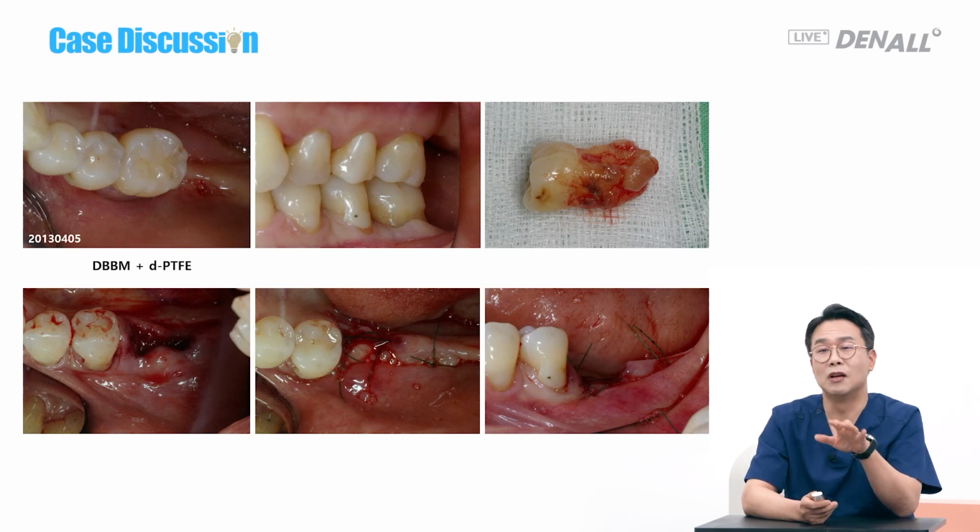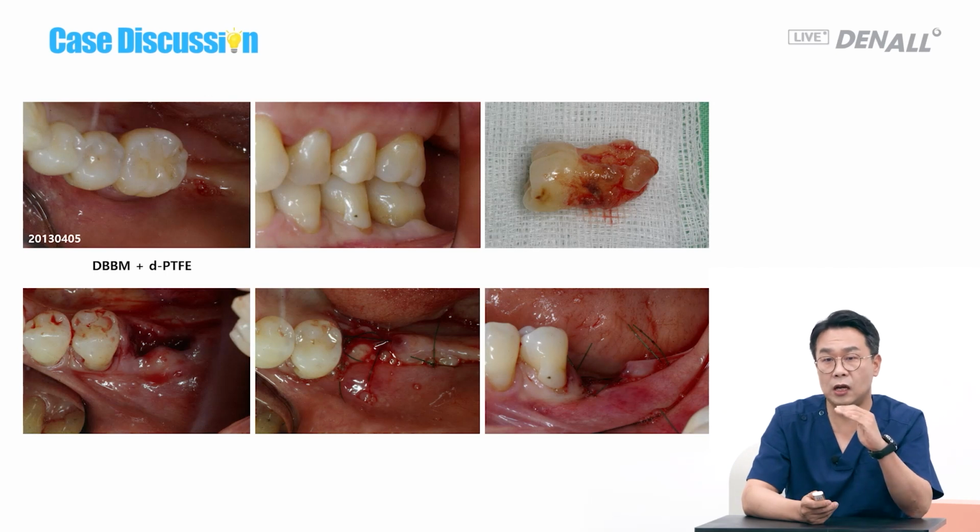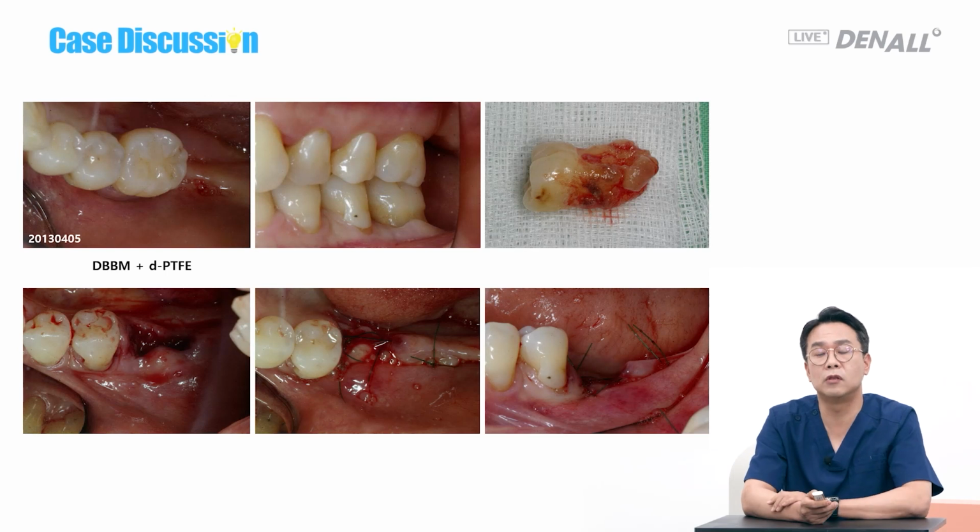The tooth was extracted. It is not visible here, but the extraction socket was cleaned and the DPTFE membrane was inserted, and the DBBM was placed, and primary closure was achieved to get a flat ridge rather than a concave ridge.